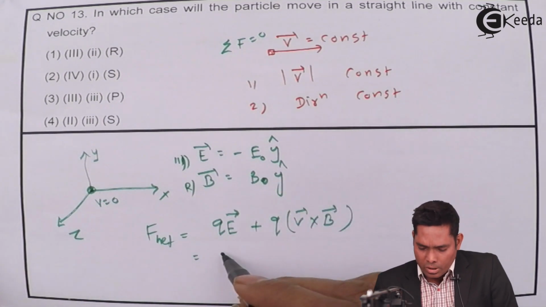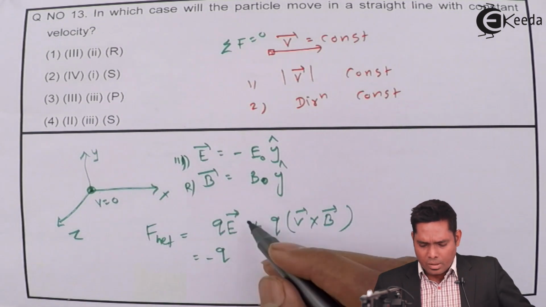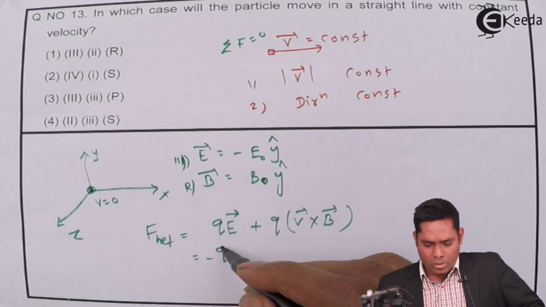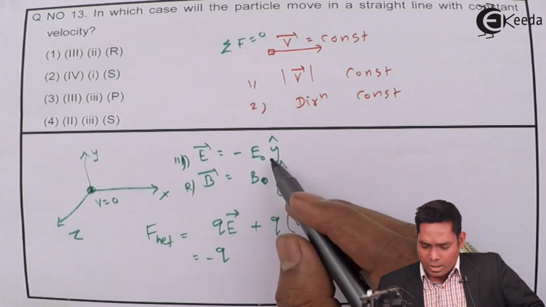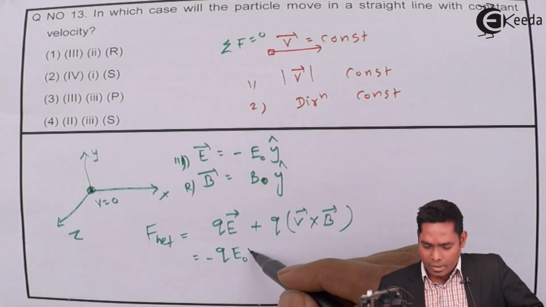The E value I will substitute here is, because this is a proton, so I write plus Q, and E naught is given as minus E naught y cap.